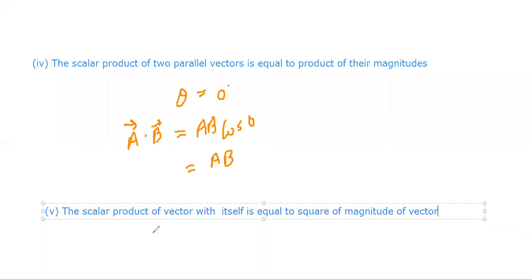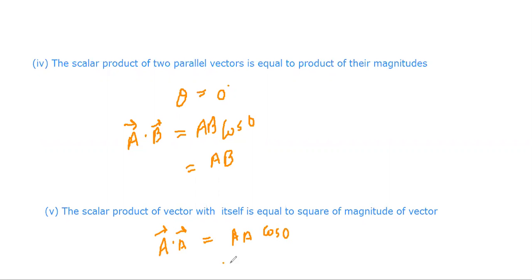Now, what is this property? If you are doing scalar product of vector with itself, that means you are doing A dot A. What you will get? A into A, that is magnitude of A, and angle would be 0 degrees because they would be aligned in same direction. So you will get A square. So these are the properties of scalar product.